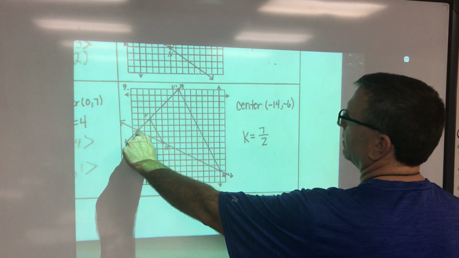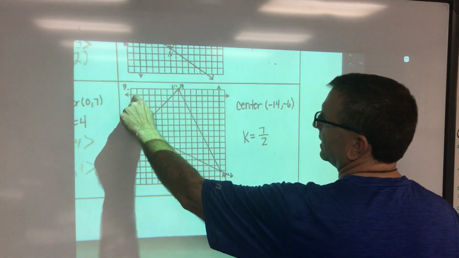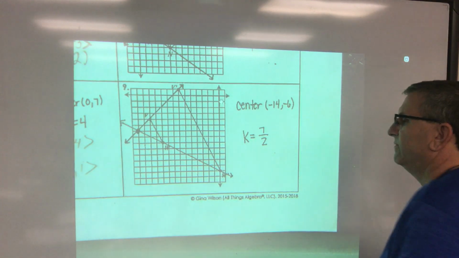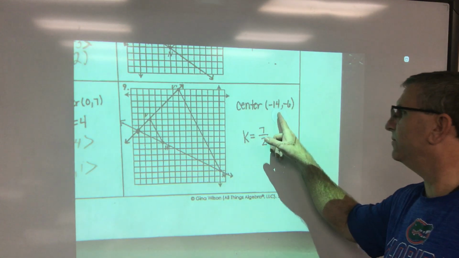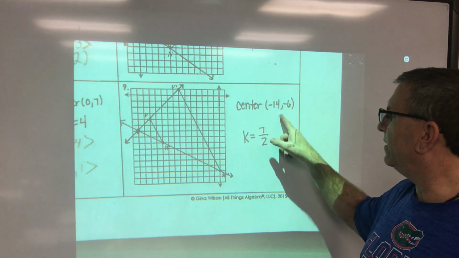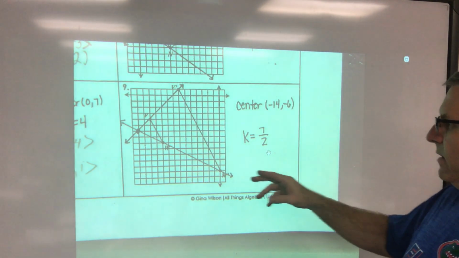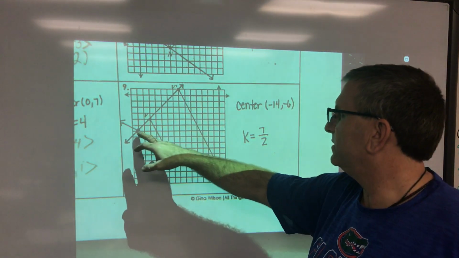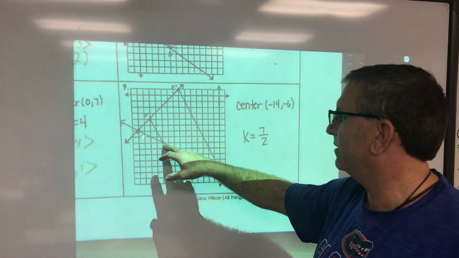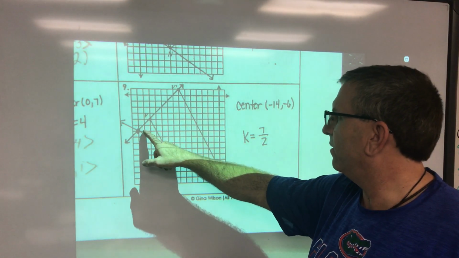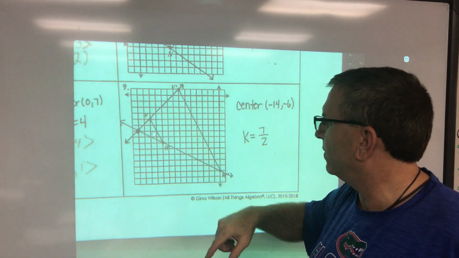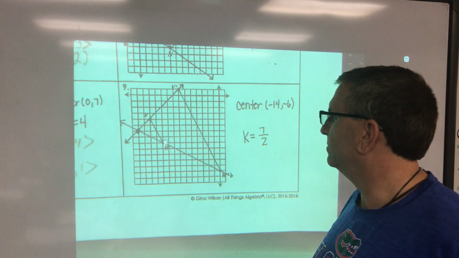This point right here, and if I count over, that's -14 and -6. Now, how do I know what my scale factor is? Well, I first take the vector from here to this point. So I go over 1, 2, 3, 4, and down 2.